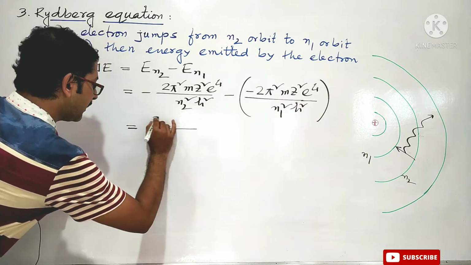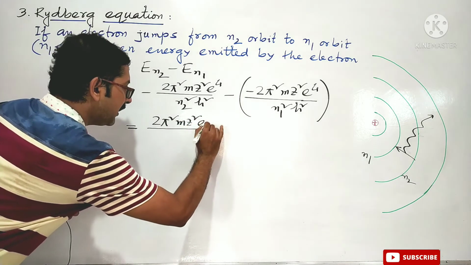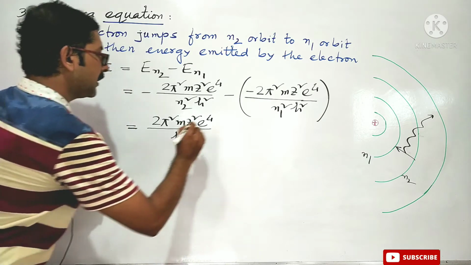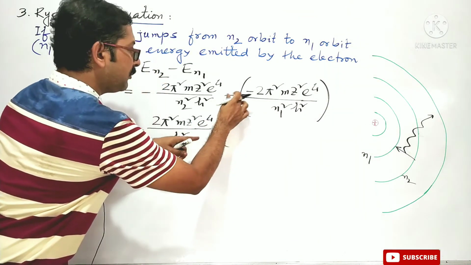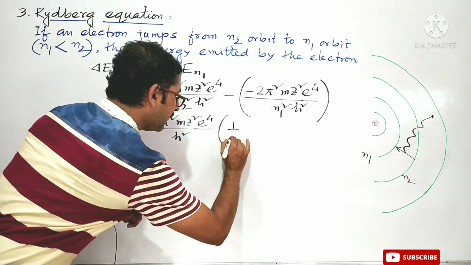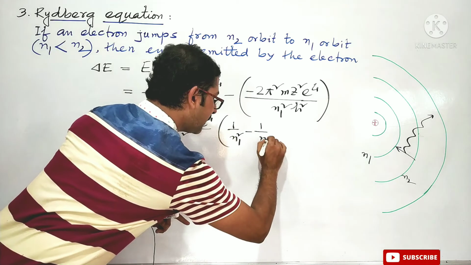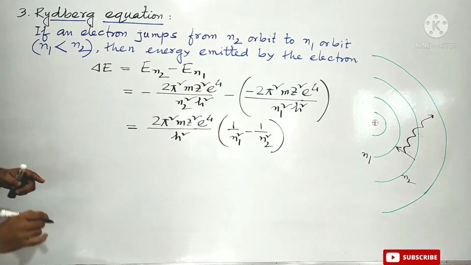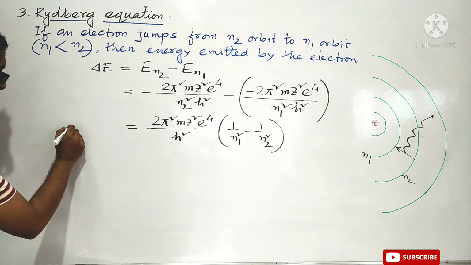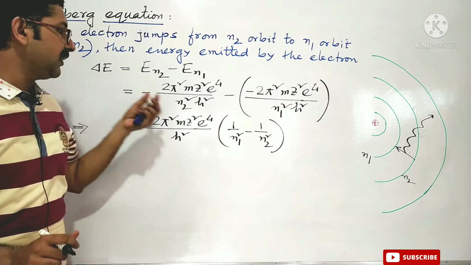This one is 2 pi square m into z square e to the power 4 by h square into, this one becomes positive, this one becomes negative, so this is 1 by n1 square minus 1 by n2 square, right? And look here, this is delta E.